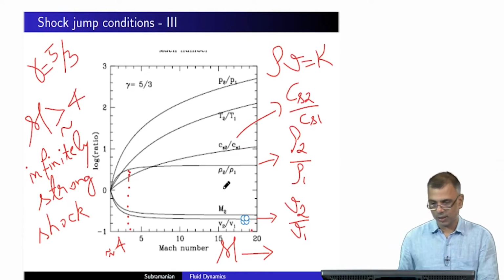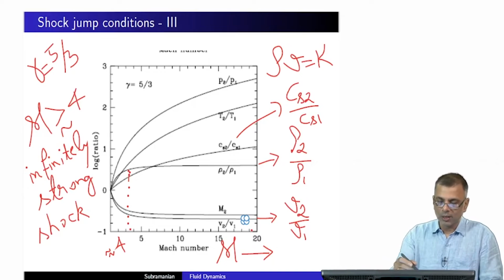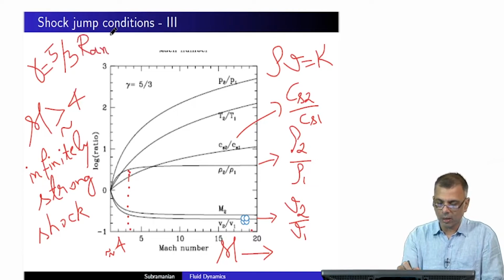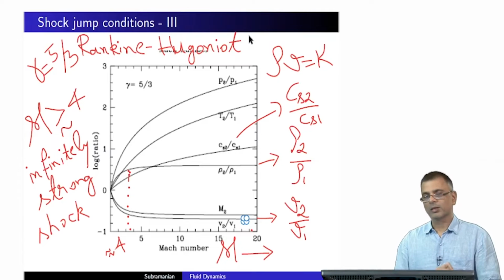The other thing to say is that often there's another name for these shock jump conditions. We've simply said shock jump conditions, but if you look in books, these are called Rankine-Hugoniot jump conditions.